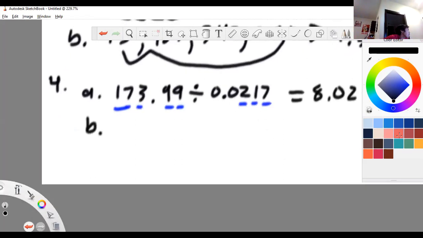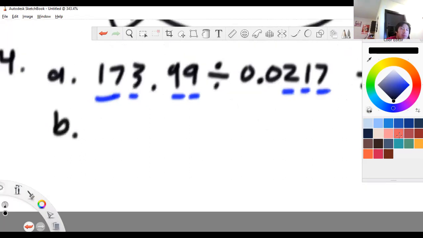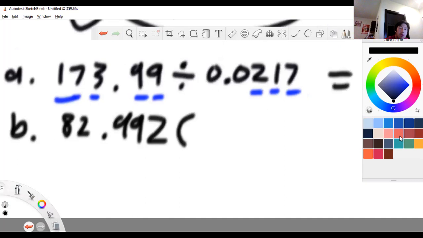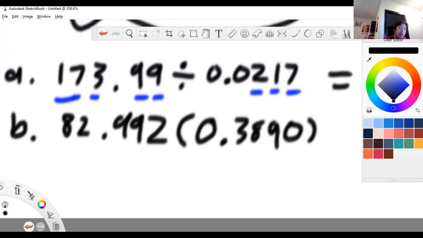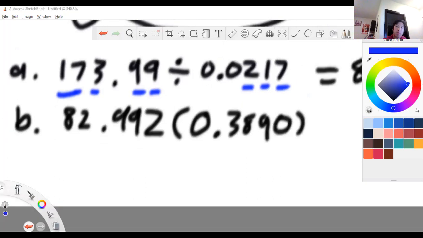B, we have 82.992 times 0.3890. So we have 5 versus 4.